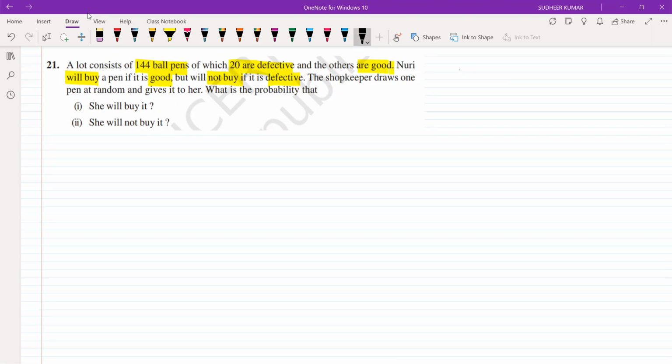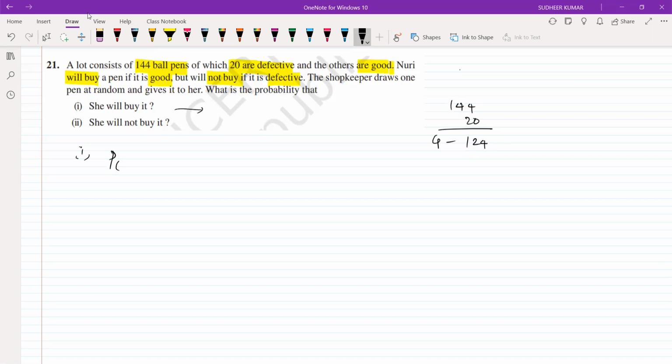So, you write the statements. If the pen is good, she will buy. So how many pens are there? Total 144. 20 are defective. So good ones are 124. She will buy if the pen is good only.